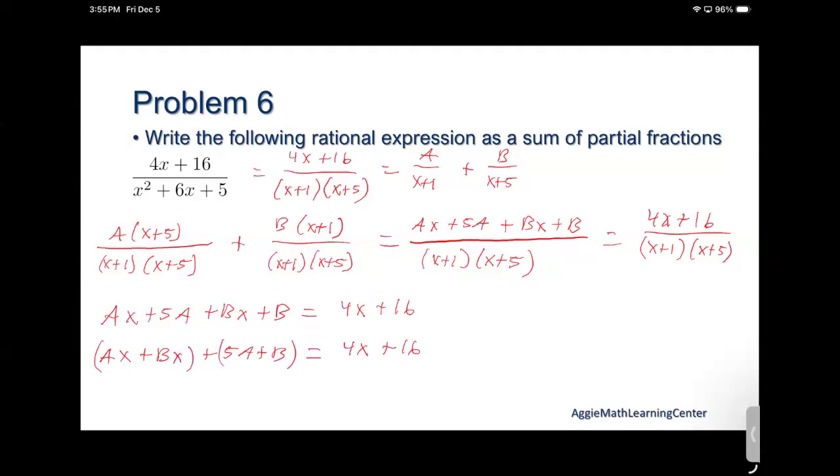The terms that have an x in it, we can factor out an x. So then you get an a plus b times x plus 5a plus b.